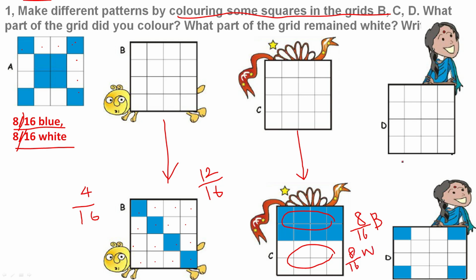Here D. 1, 2, 3, 4, 4 colored blue. So 4 by 16 blue. Remaining 1, 2, 3, 4, 5, 6, 7, 8, 9, 10, 11, 12. So 12 by 16 white.